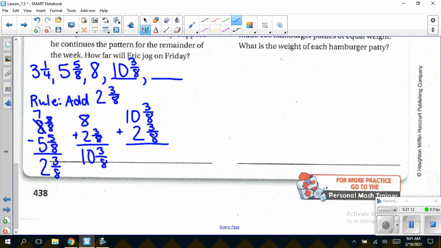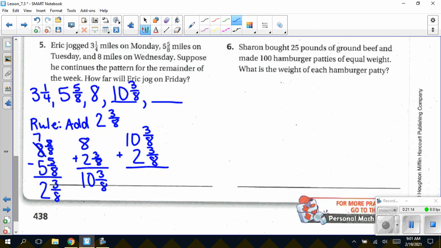For number 6, this question says Sharon bought 25 pounds of ground beef and made 100 hamburger patties of equal weight. What is the weight of each hamburger patty? So you're taking the 25 pounds that she has and dividing it into the number of patties she's making, which is 100.